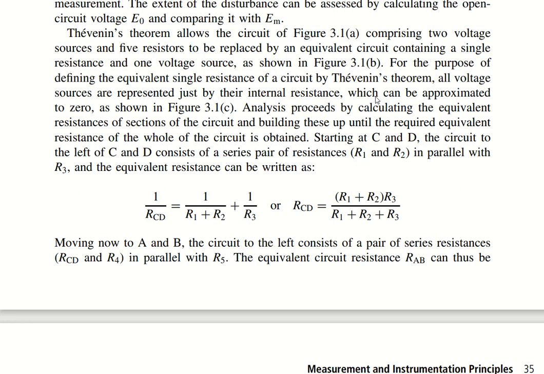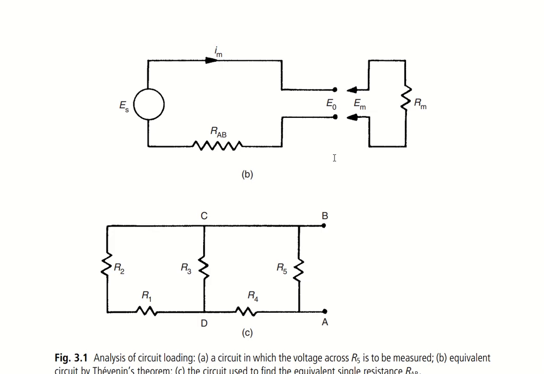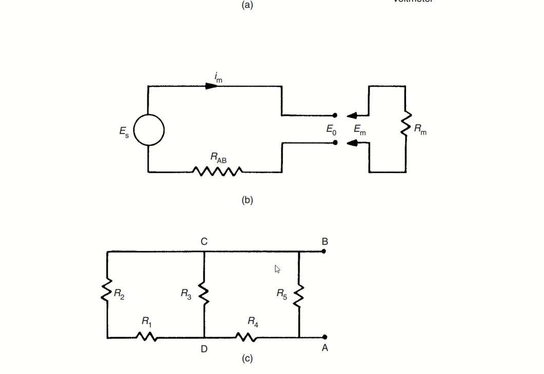Now, for the purpose of defining the equivalent single resistance of the circuit by Thevenin theorem, all voltage sources are replaced by their internal resistance, which can be approximated to zero, as you all know. In this case, we have considered the internal resistances, right?